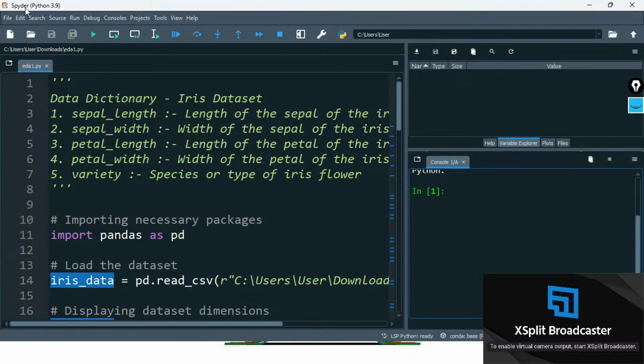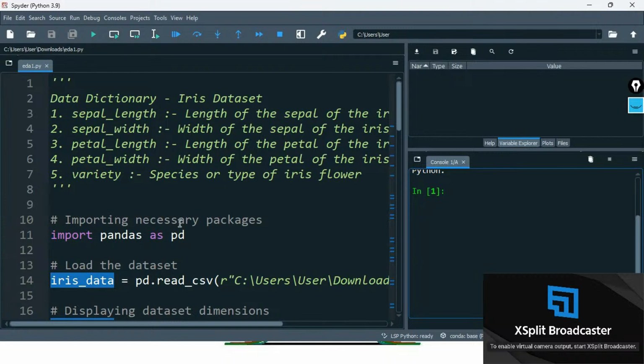You can use any other IDE, but if you ask me what is the best IDE for freshers who have no exposure to Python, my answer would be Spyder. The commands will be the same; you can use these commands as is in any other IDE.